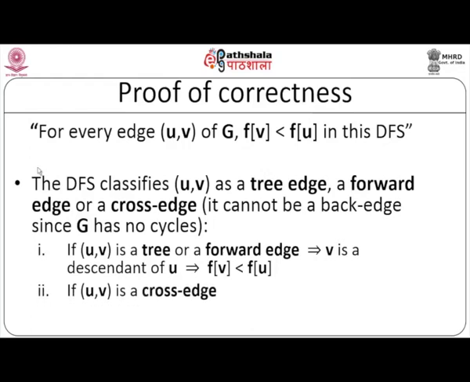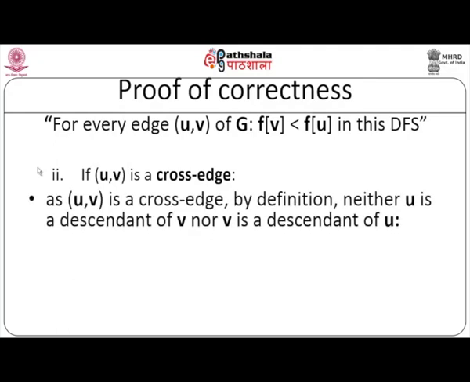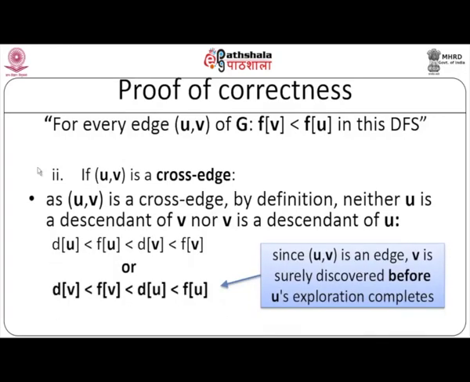If it is a cross edge, by definition, neither is u a descendant of v nor is v a descendant of u. Therefore, d of u is less than f of u, which is less than d of v, which is less than f of v, or d of v is less than f of v, which is less than d of u, which is less than f of u.